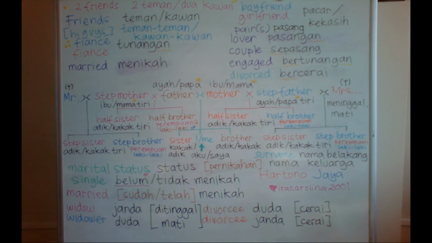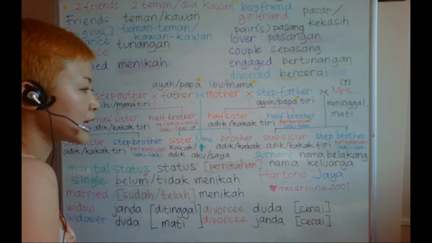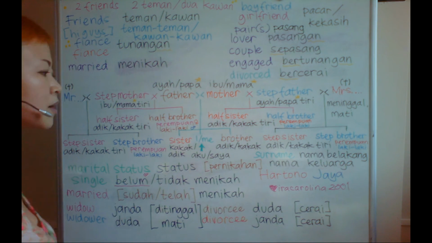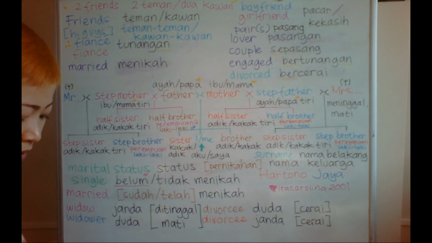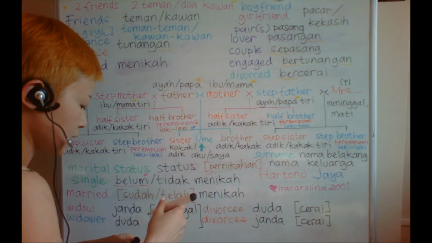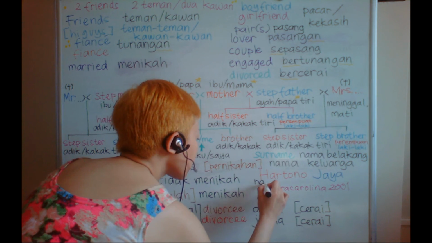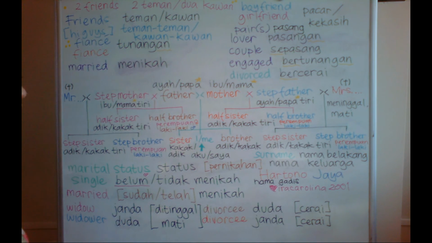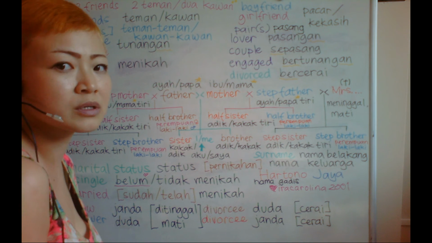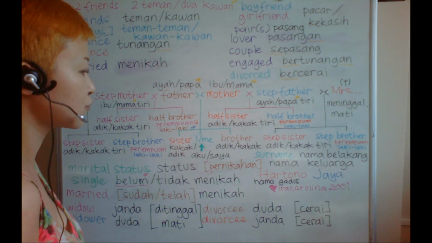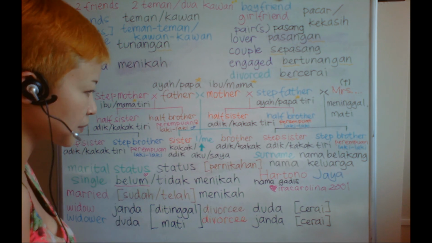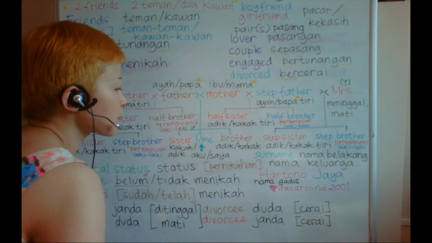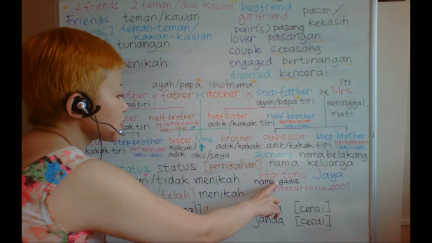And if I married someone with the last name or surname Jaya, my nama gadis, gadis is little girl or virgin female, nama gadis.